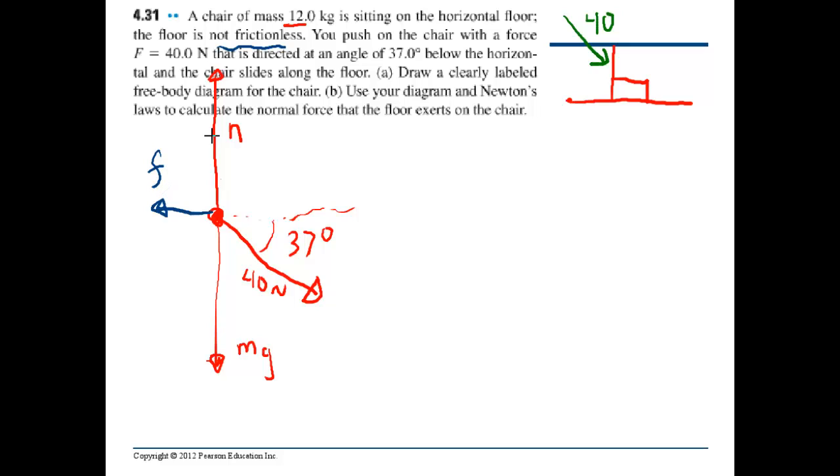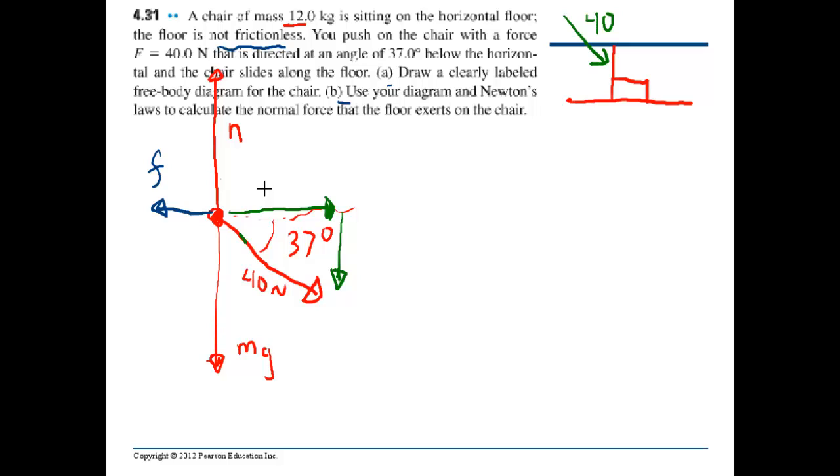So this is part A, and now I'm going to use this diagram to calculate the normal force that the floor exerts on the chair. Now to do that, I need to first break up the force that I'm putting on this chair into the x and y directions, and that's going to simply make it easier for me to sum all the forces in the various directions if I need to do that, which I do.